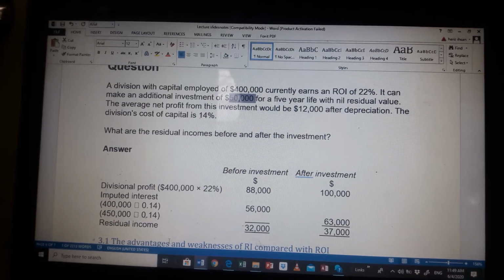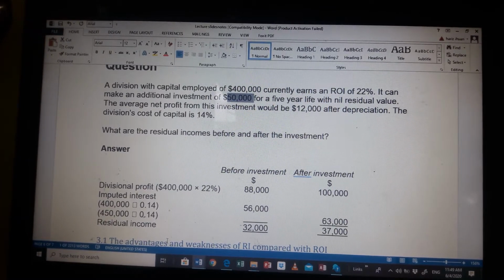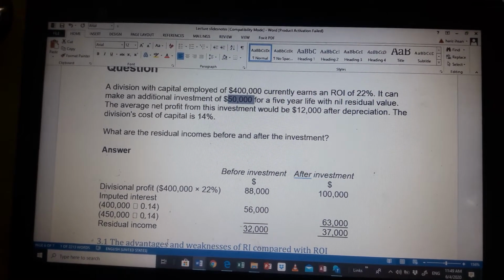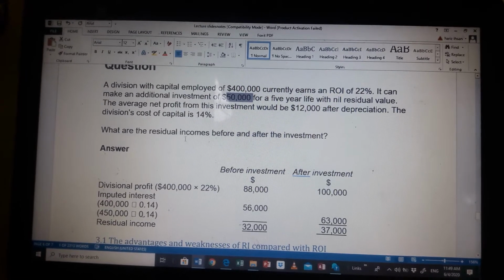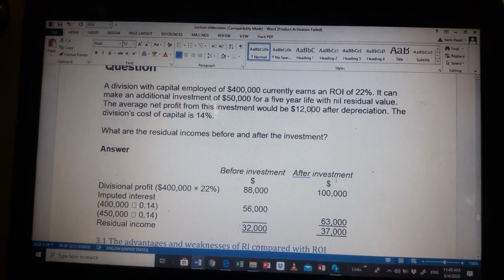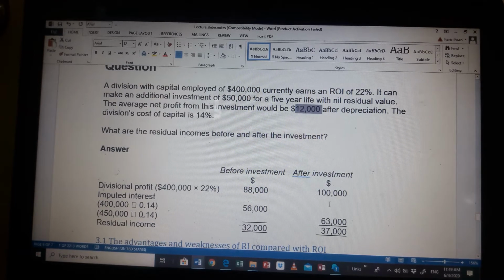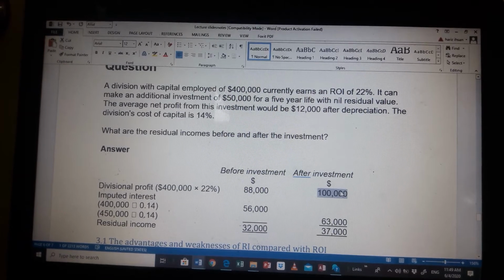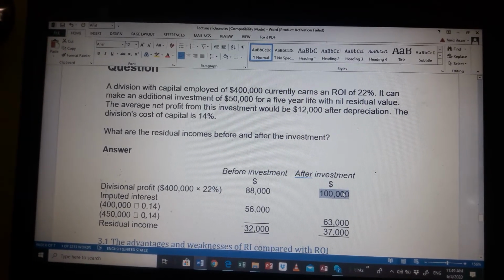So now we look at after investment. The capital is 400,000, and then we get an ROI of 22%, so it's 88,000, and then with the new investment we will actually have an average net profit of 12,000, so we just take 88,000 and combine it with the 12,000, and then we get our 100,000 profit.